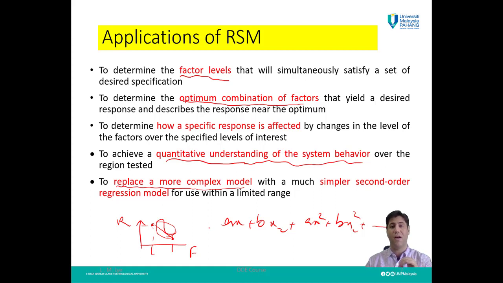The models are very important, and we will learn more about the models, how you can check the model which you develop for the RSM, how you can check their validity, and how you can select the significant terms for the model, and so on. So the main focus also will be on the modeling part.